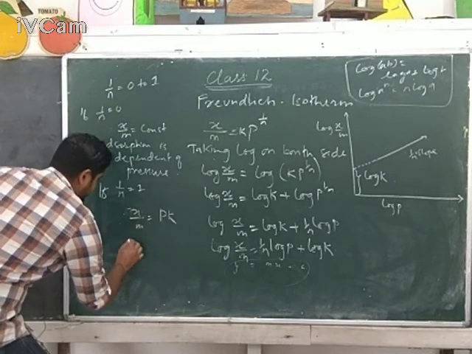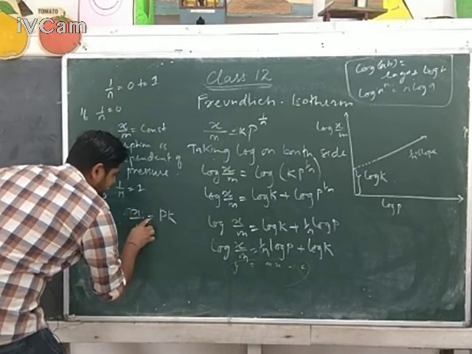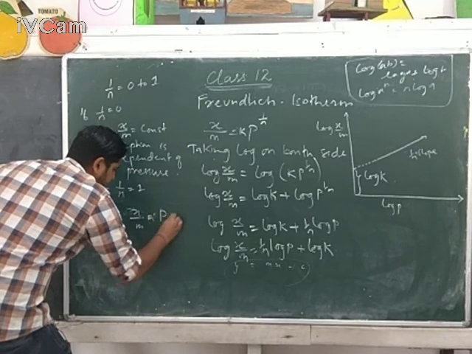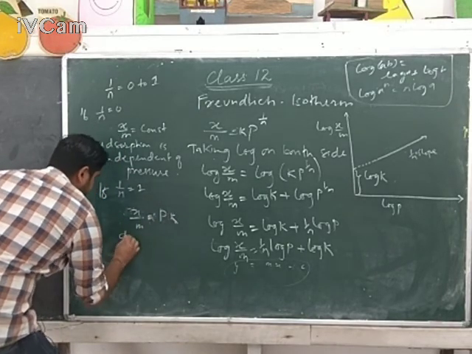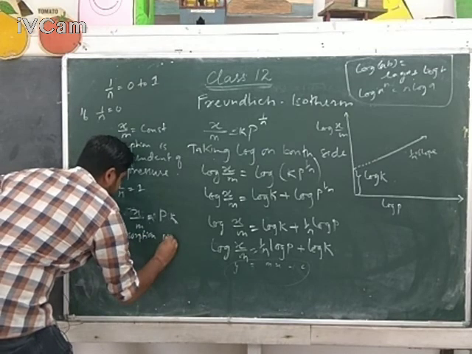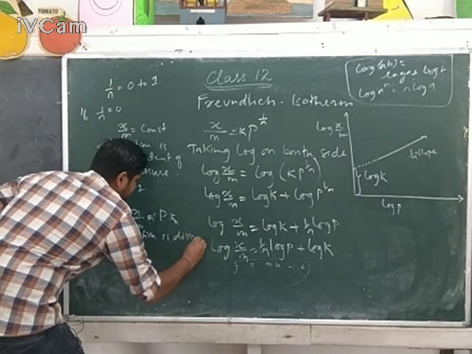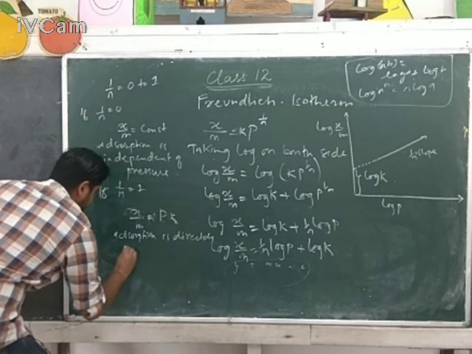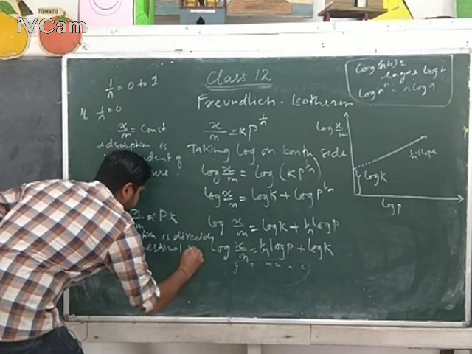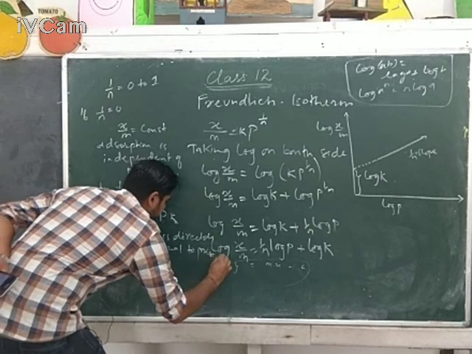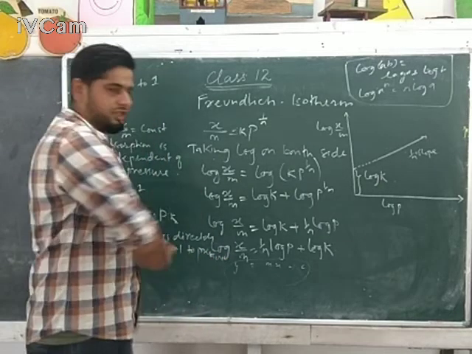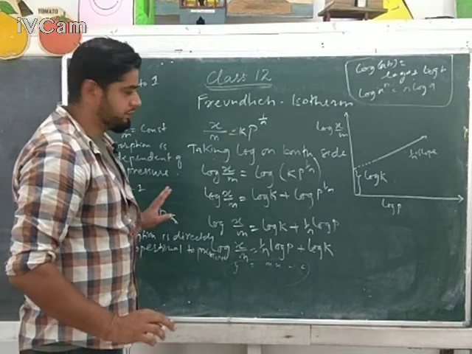At this time, adsorption is directly related to pressure; if you remove this k, then you can add proportionality. So adsorption is directly proportional to pressure. Got it? Everything is provided in the PDF. This is just explanation. Got it?